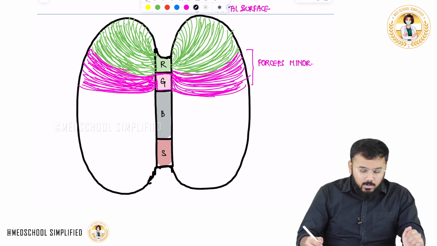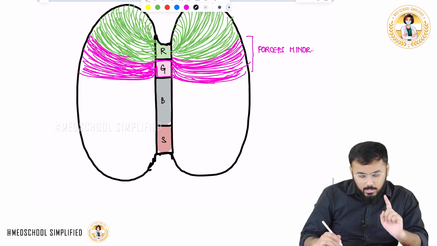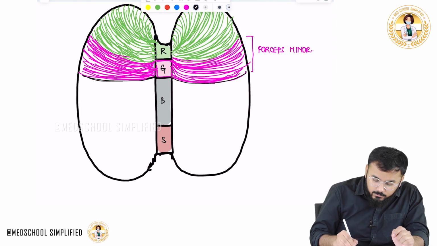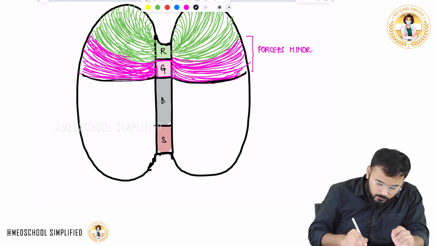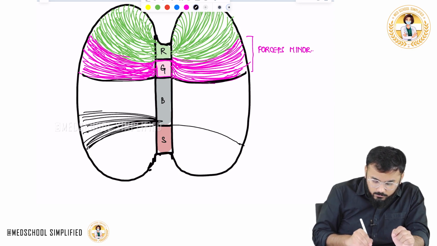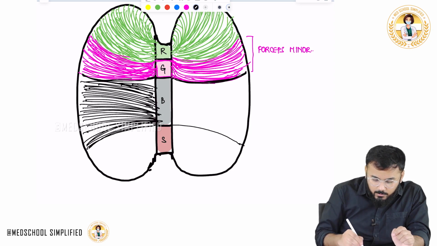Now after these bundle of fibers, let us see what the bundle of fibers that are forming the body are called. You see now, this bundle of fibers which I am drawing right now, right?